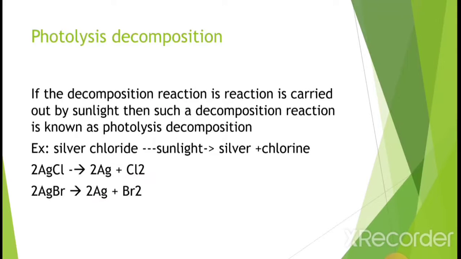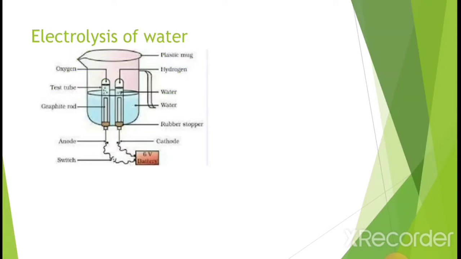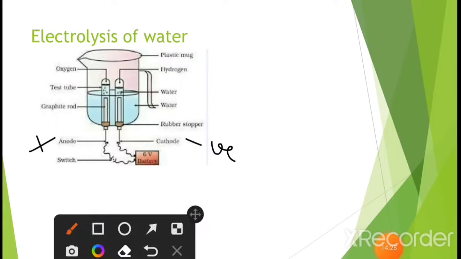You need to learn every equation with its symbols very clearly, and also balance them. You have to learn it very well. And here the anode is positive and the cathode is negative.